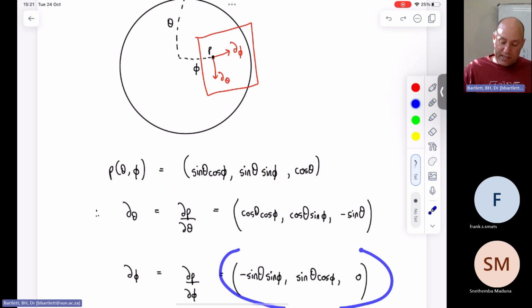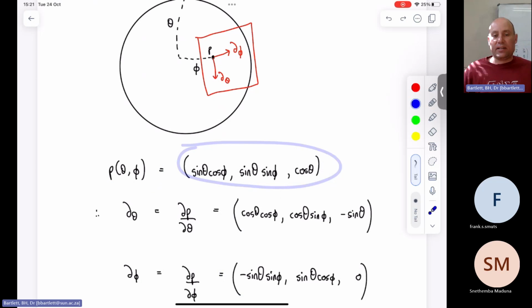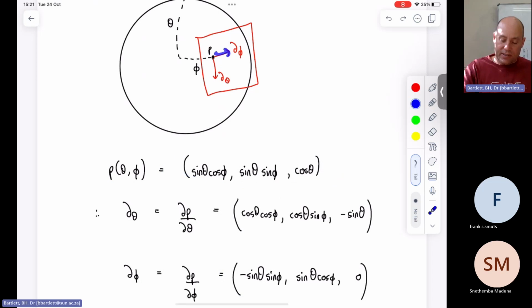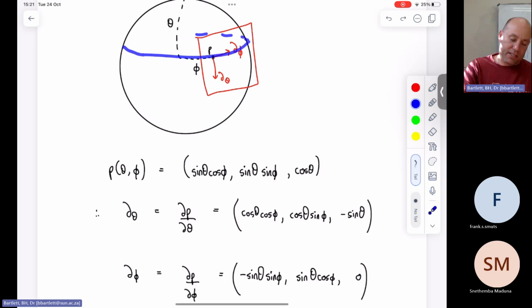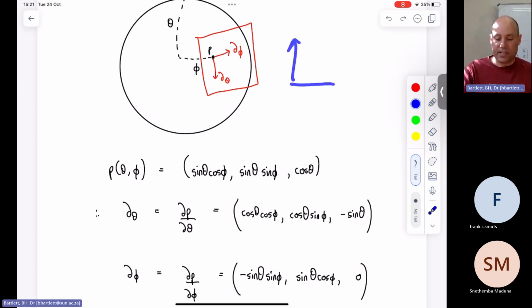Note that it's got 0 in the z component because these vectors are going around the sphere at a constant height, so they don't have a z component. They're flat.